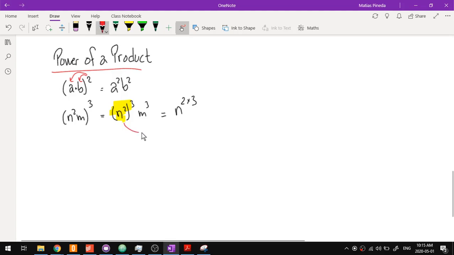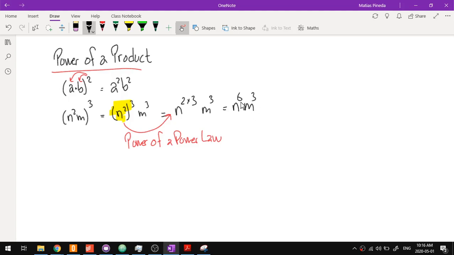So from here to here, we use the power of a power law. And then we just have m cubed, and then n, so 2 times 3 is 6, n to the power 6 times m cubed.